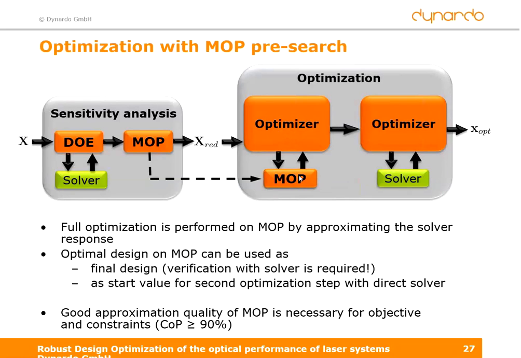For this optimization, you can use in the first step a meta model of optimal prognosis. Usually you would do only the second step, this optimization based on the solver, like VirtualLab. But here, this is a unique feature of optiSLang that you can pre-optimize your system with this meta model in case you have very long solver response times. And then this will save you a lot of time.